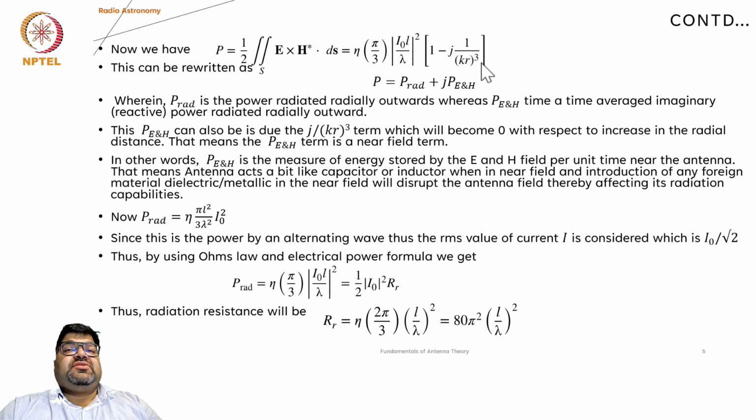In the near field, of course, it remains effective. That's why it's a reactive near field. For the far field, only P rad survives, so we express that in terms of I naught and radiation resistance, where radiation resistance is given by this formula.